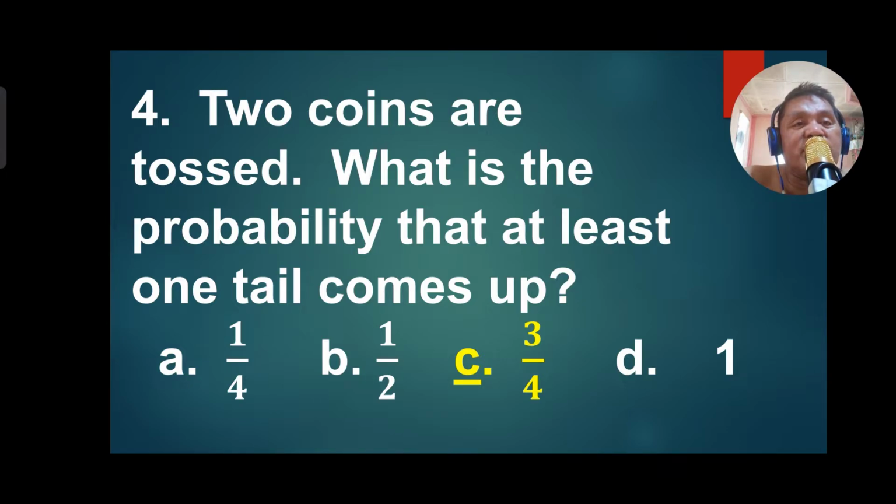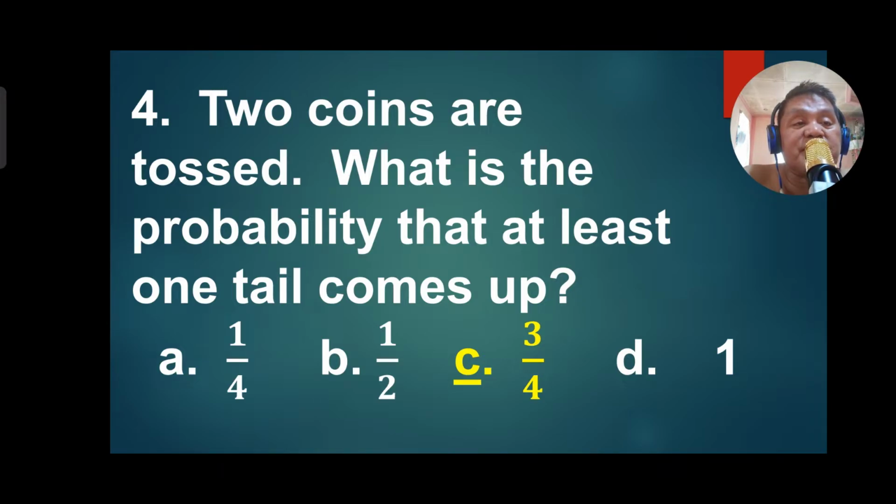Another coin has 2 faces. Using the fundamental counting principle, we can get the number of outcomes in the sample space. We have 2 times 2 is equal to 4.